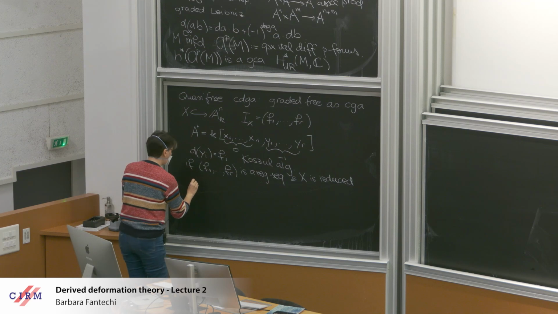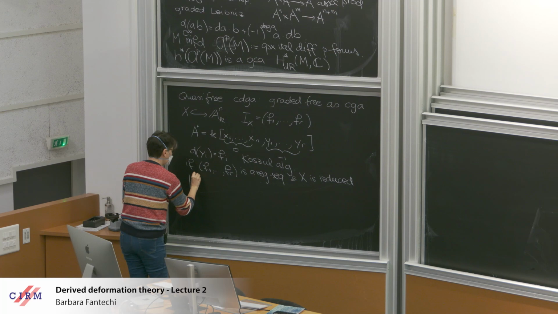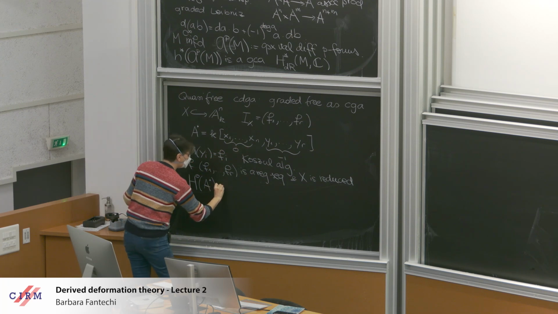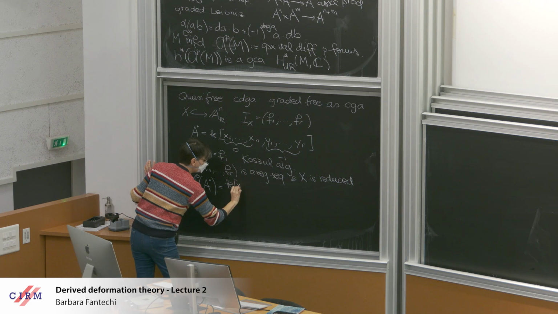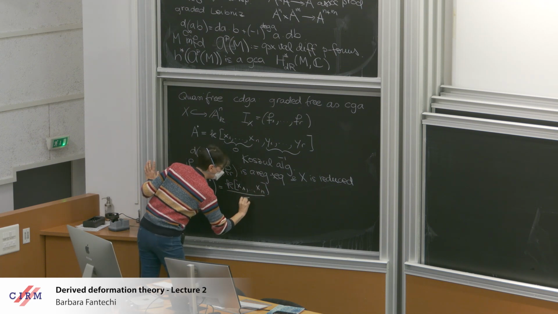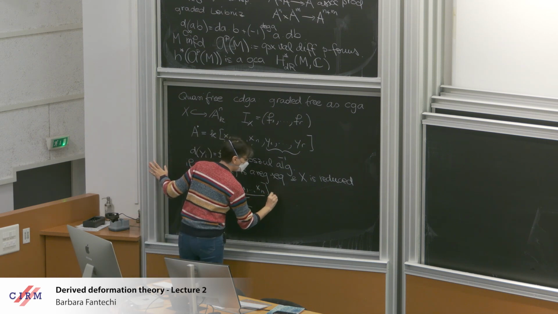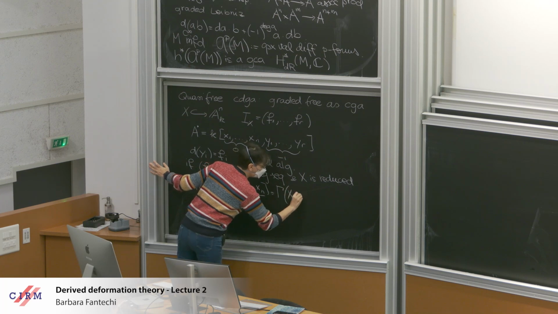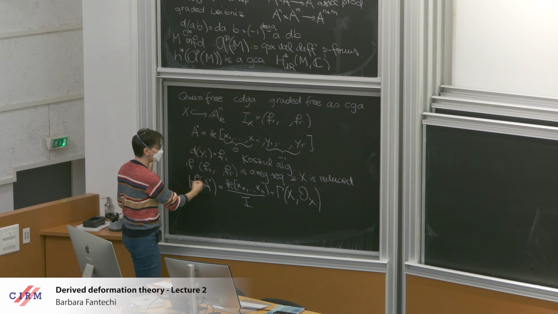Then what you get is that the algebra so defined has the property that H0 of A, well, this is kind of clear by the way I've defined it, is indeed K[x1, ..., xn] mod I, and so it's just the algebra of sections of X. But also, there is no other cohomology.